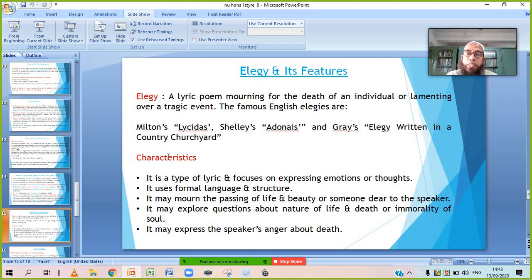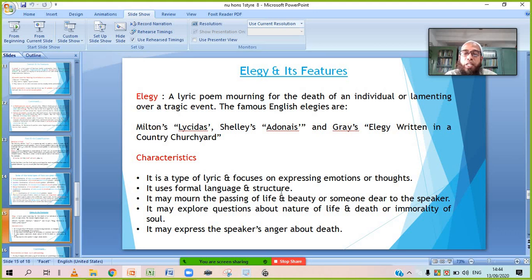All those features are present here in this elegy, and all the features of lyric are also present in a sonnet, because a sonnet is also a lyric. That's why you keep in mind the features of lyric we discussed before when you are evaluating an elegy or a sonnet.